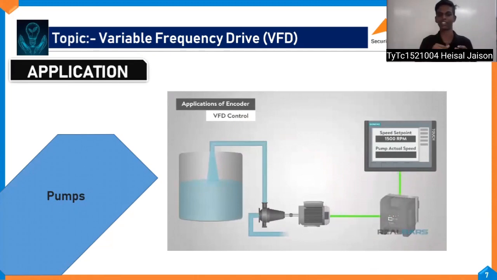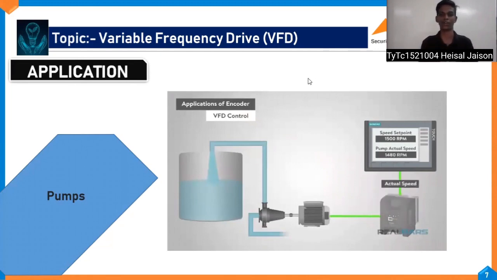It is showing the speed set point, which is the speed at which I need to rotate this motor. It is 1500 RPM, but it is giving feedback that the motor is rotating at approximately 1480 RPM. So if I need 1500, I can adjust it and get the speed of the motor approximately accurately, but there will be a little tolerance.